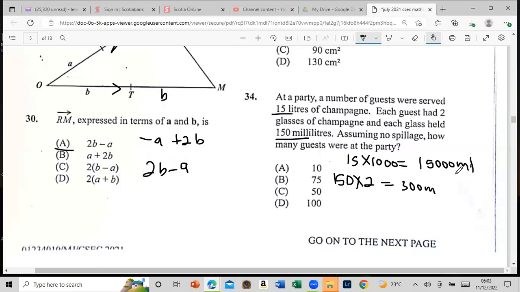All I have to do is divide the total by 300. So there were 50 guests.